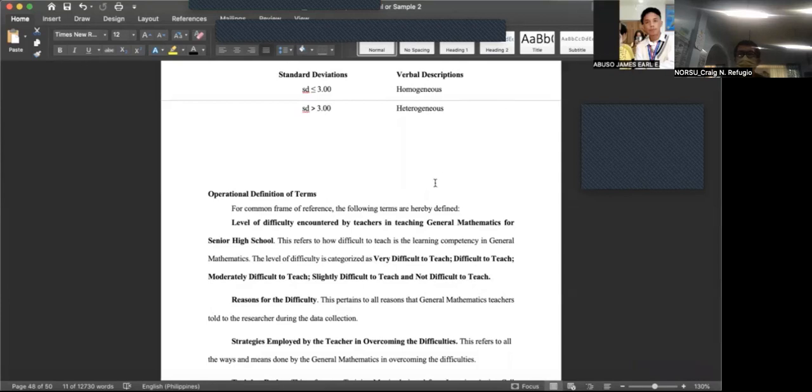But of course, the definition must be copied. You say this refers to how difficult to teach is the learning competency in general math. But you are going to contextualize that one, depending on what subject. You are going to copy the level of difficulty is categorized as very difficult to teach, moderately difficult to teach, then slightly difficult to teach, and not difficult to teach.